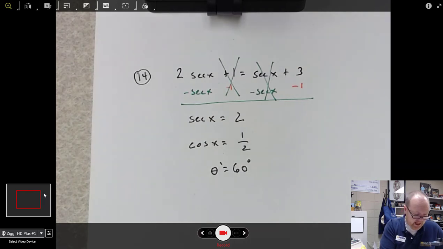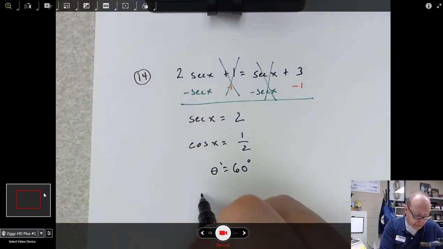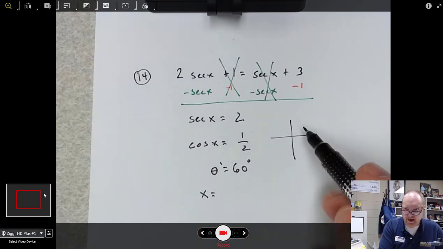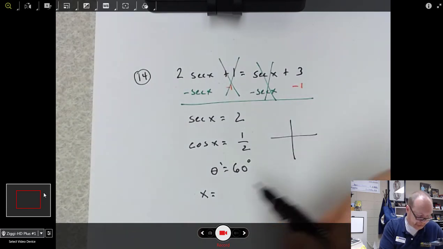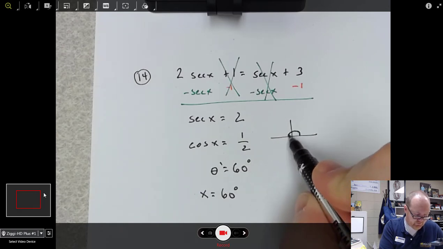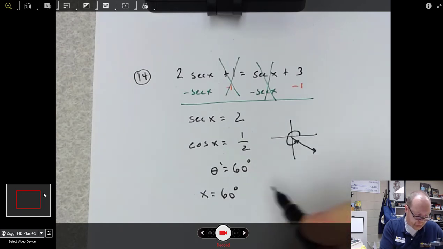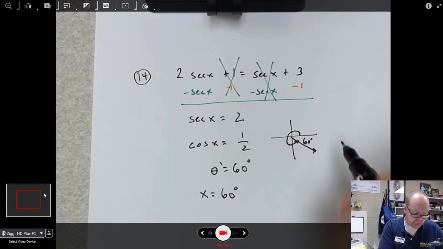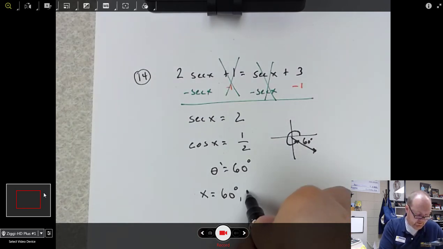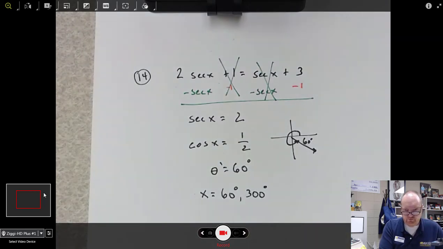And I want that in places where cosine is positive. So cosine is positive in quadrant 1. And then it's positive again in quadrant 4. So my angle would be 60 from 360, which is 300 degrees.